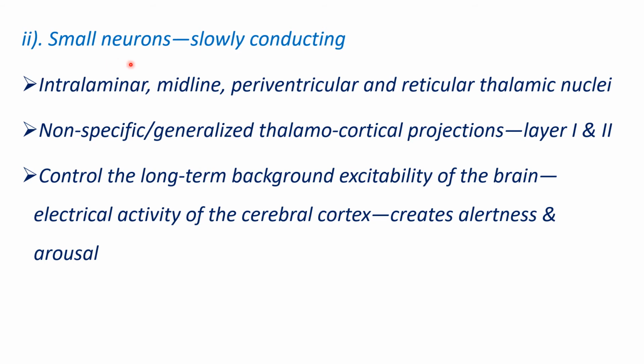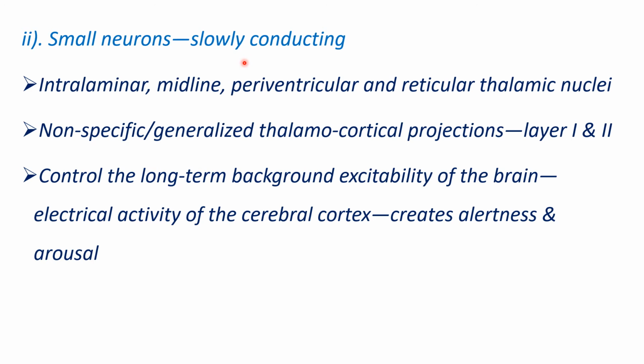The second type of fibers which go to the thalamus arise from the smaller neurons, and because they arise from the smaller neurons, they are slowly conducting, coming from the large number of neurons which spread throughout the reticular activating excitatory area.